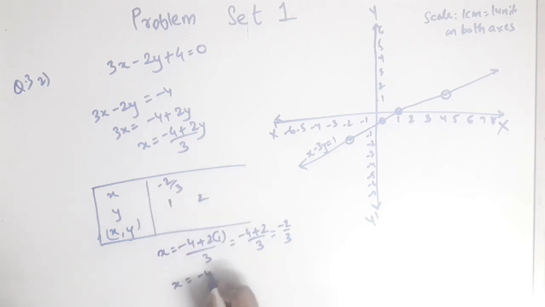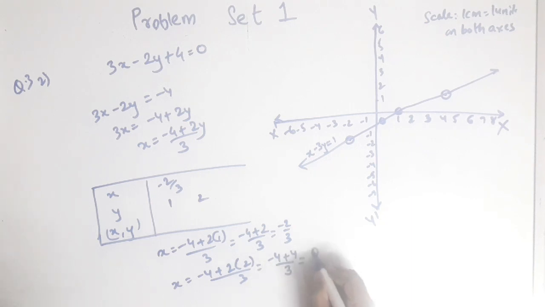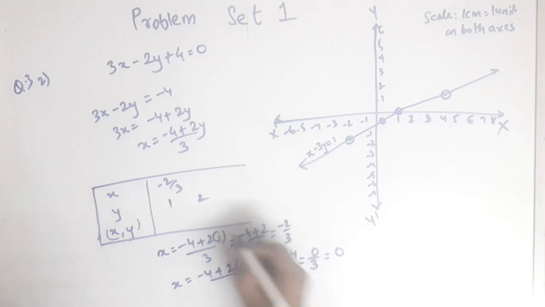x is equal to minus 4 plus 2 into 2 upon 3. This becomes minus 4 plus 4 upon 3, that is 0 upon 3. So that is equal to 0. So we got 0. And let us take one negative number.